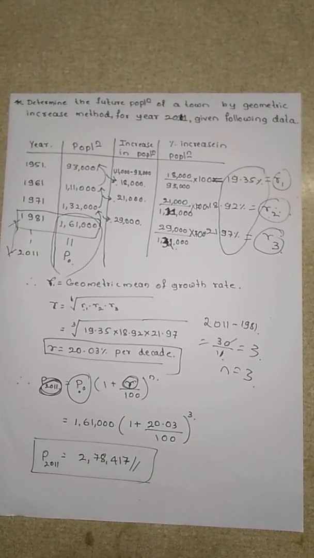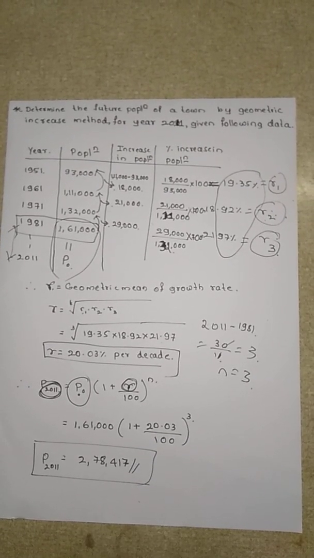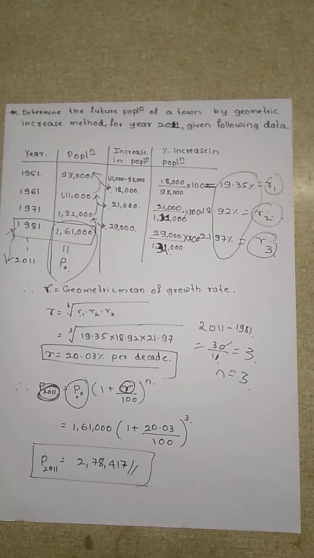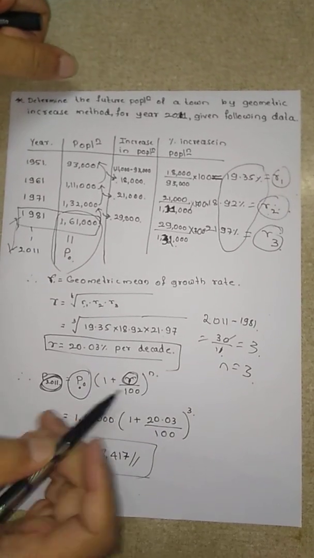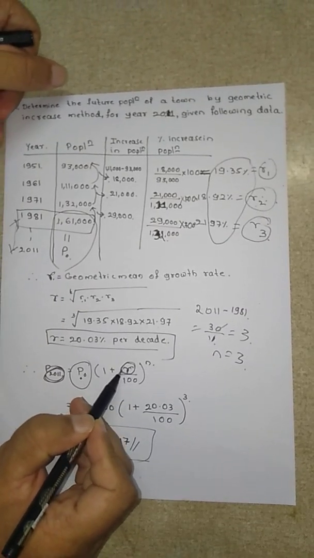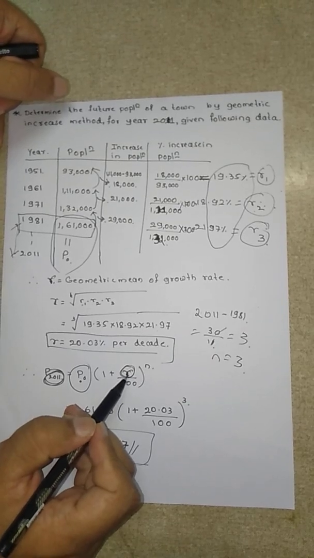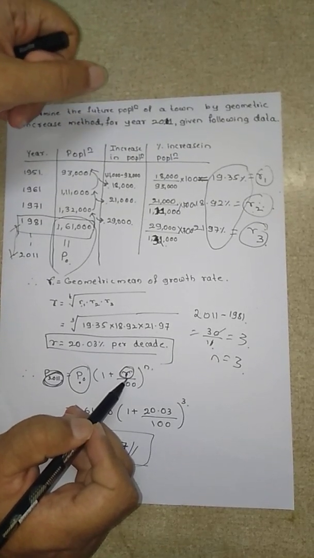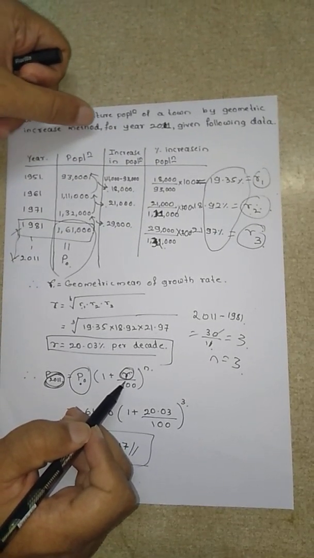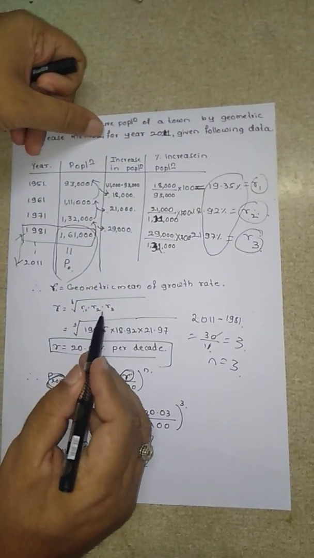Now, as we want the geometric increase method, we want the percentage increase in population, because the formula has this value R, which is the average percentage increase in the population. In order to find the average percentage increase, first you need to find the percentage increase in population, that is R1, R2, R3.